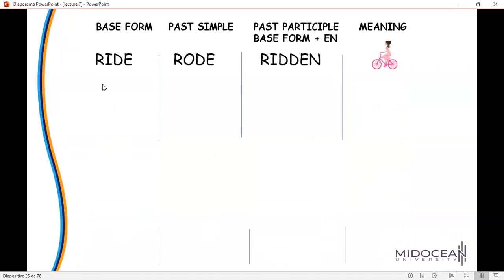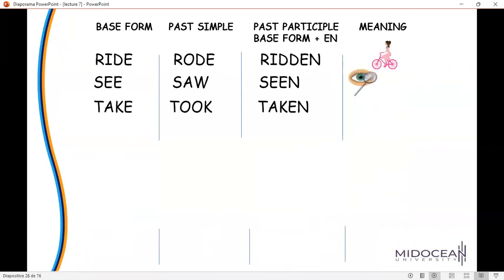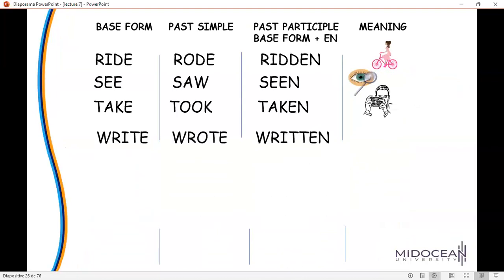So here you have the verb to ride, simple past rode, past participle of the verb ridden. See, simple past saw, and past participle seen. Take, simple past took, past participle taken.